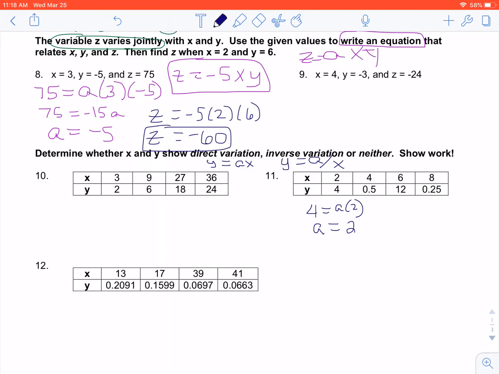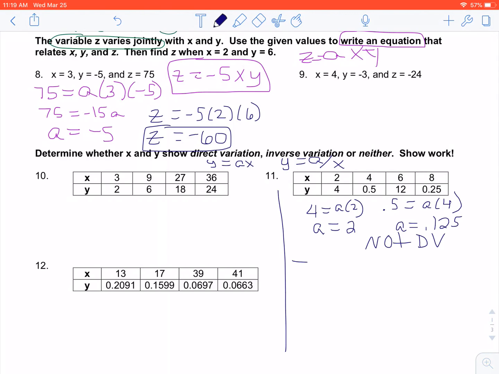So looking at the next pair, we have a 0.5 for y and a 4 for x. And when you divide, you get 0.125. Those numbers aren't the same, so then it's not a direct variation.